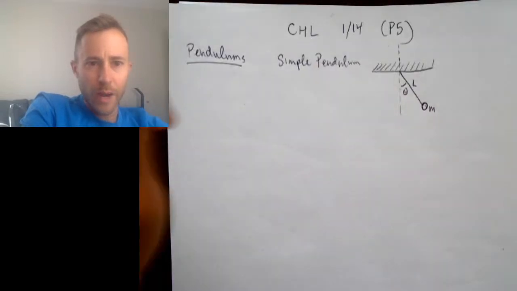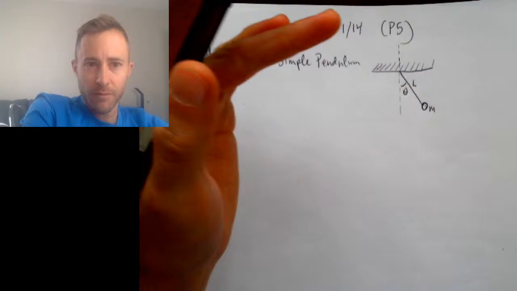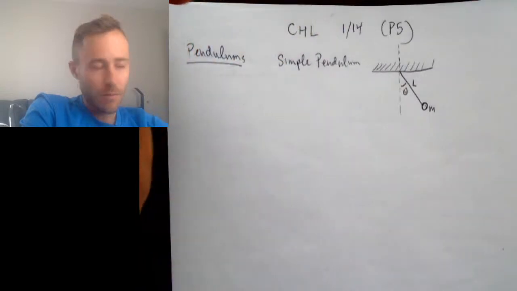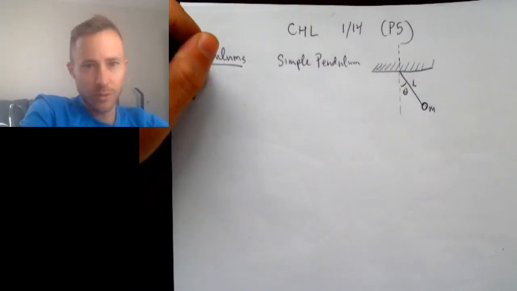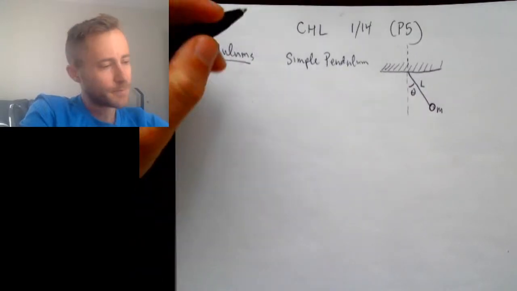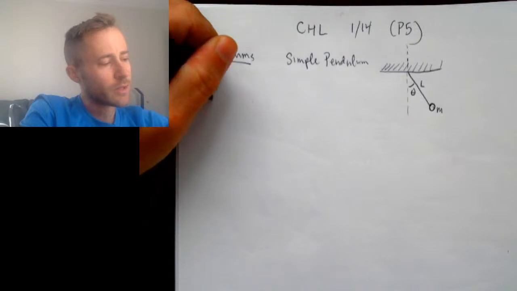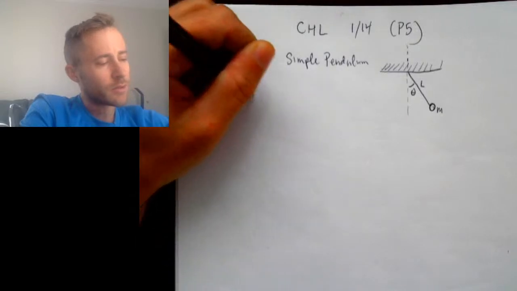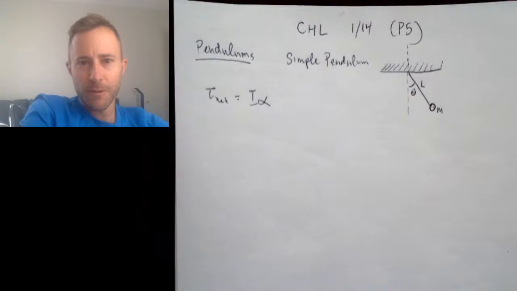The way that we are going to derive the period is we are going to use Newton's second law for rotation, which is net torque equals I alpha.